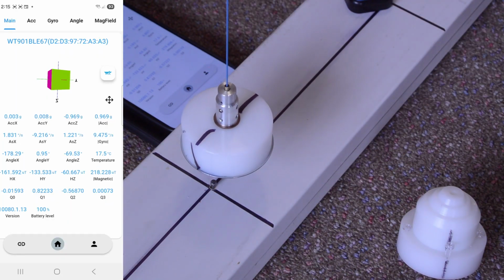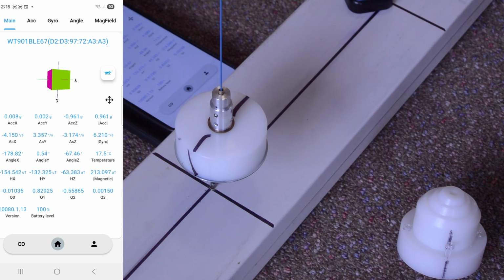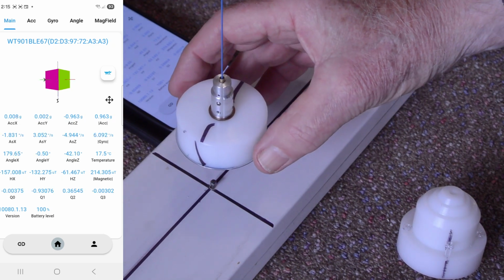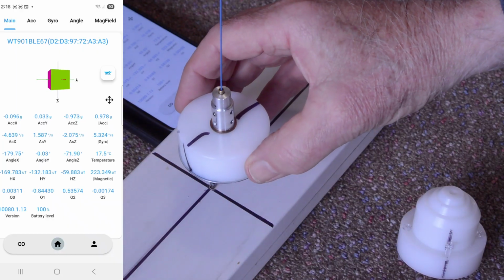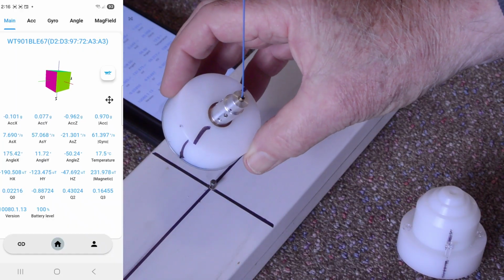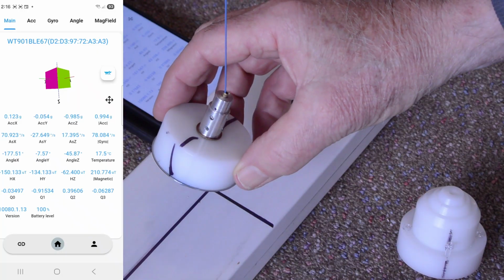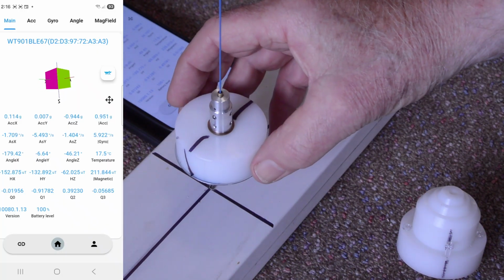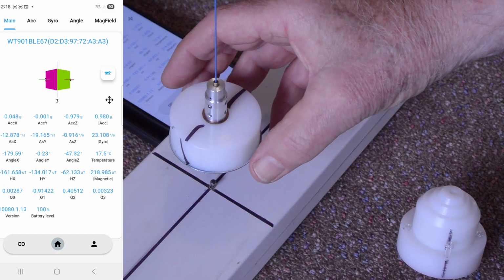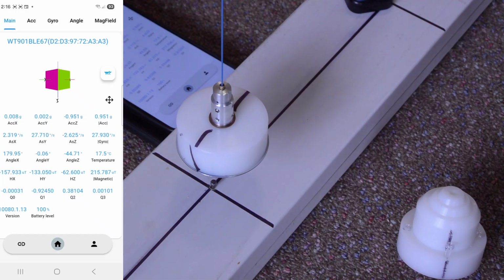Now we have our extra parameters of angle, roll and pitch. I've also included the other parameters of the accelerometer.